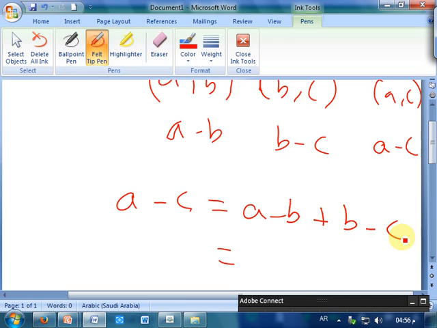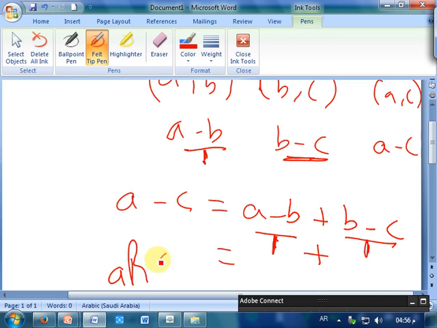You say a minus b is an integer, and b minus c is also an integer. So a minus c is an integer. The addition of two integers is an integer, by the closure property. Hence, it satisfies a relates with c. So it is transitive.